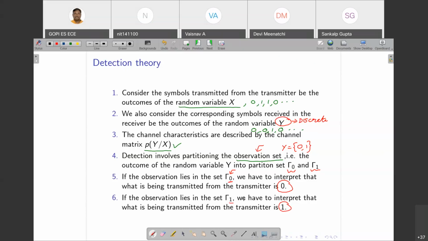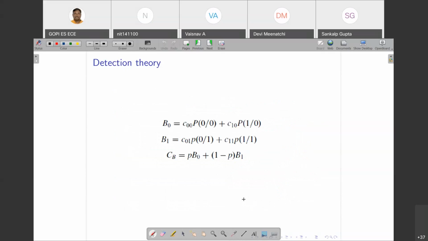Now how to fix the rule is more important, so we go for what is called the objective function. This is the objective function you are going to have here. This is the cost function when 0 is transmitted. I explained that this comes from the channel matrix.